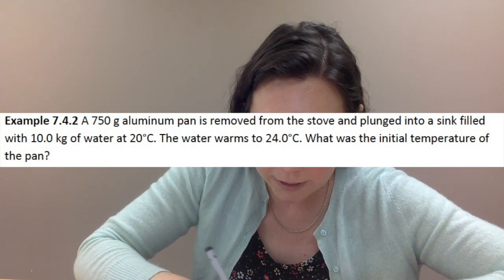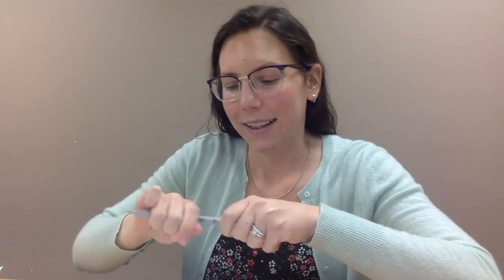Like always, we can start by listing our known information. The mass of aluminum is 0.750 kilograms. The final temperature of the aluminum as well as the water is 24 degrees since they have to be the same. We're looking for the initial temperature of the aluminum.